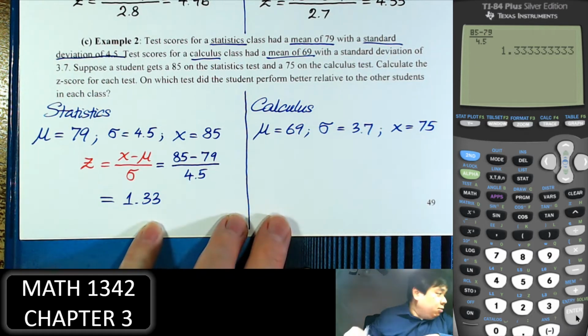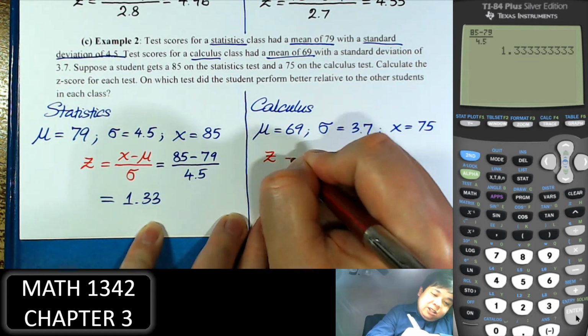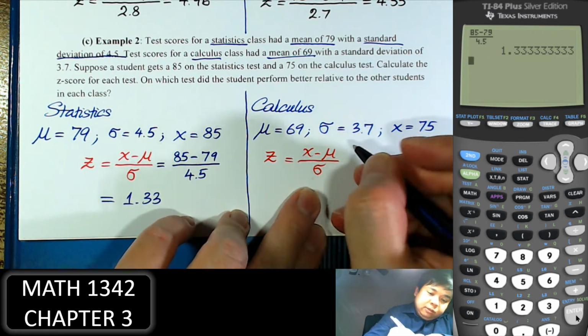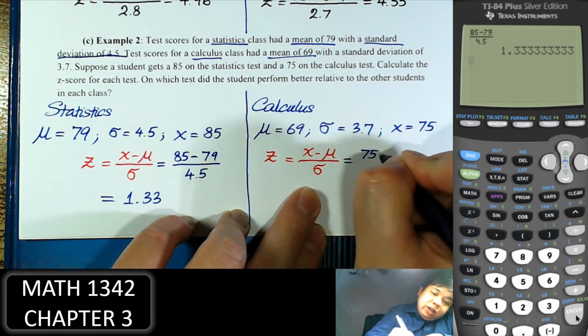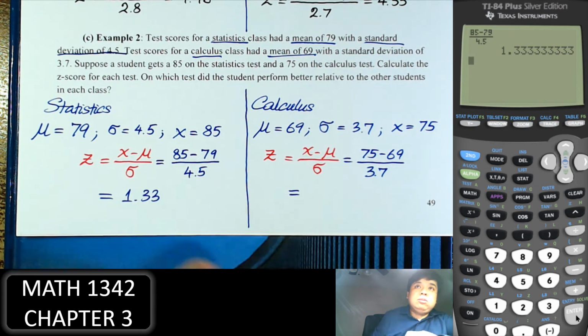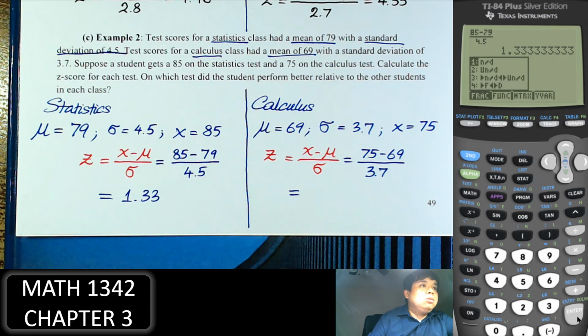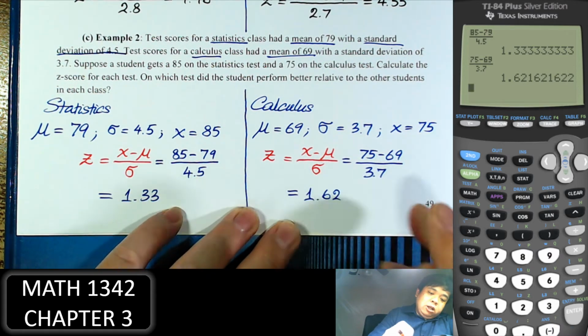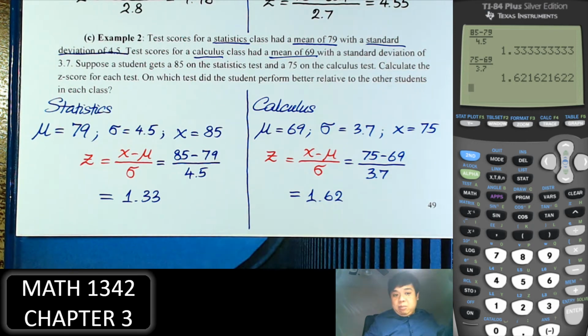Same thing, the z-score for the other class. 75 is that particular case, minus the mean over the standard deviation. 1.62. So this one has a higher z-score, so relatively it is better.